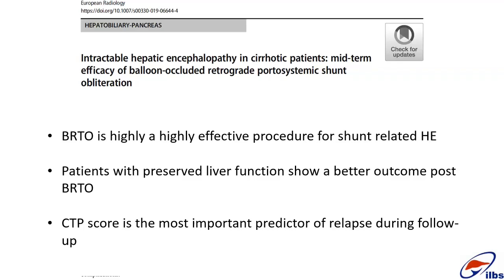Before that, it was said that patients who were not eligible for TIPS, especially CTP-C patients, can get BRTO, but we saw that no, even if you go for a patient who has advanced liver disease, if you do a BRTO, there are chances of liver failure in those patients. So BRTO is not safe in patients where advanced liver disease is there. And that was a myth which was thought previously in the 2010 era.